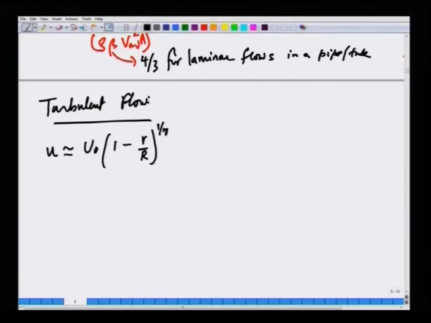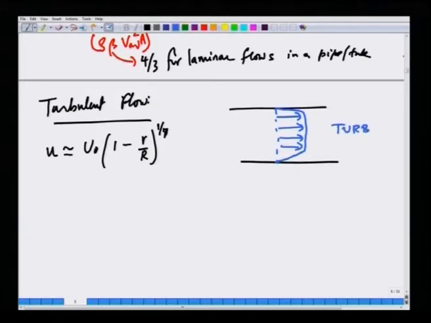Nonetheless, the velocity is a function of the radial coordinate, but if you qualitatively sketch this velocity profile, you will find that the velocity is more plug like, compared to, this is for turbulent flow. If you compare and contrast this side by side for laminar flow, the velocity profile for laminar flow was like this.